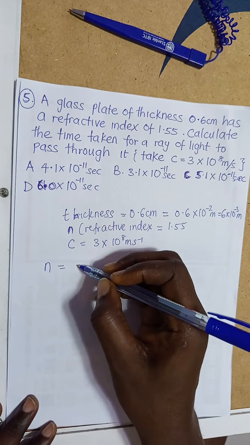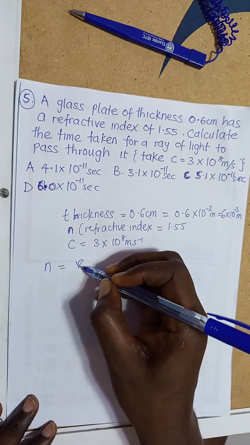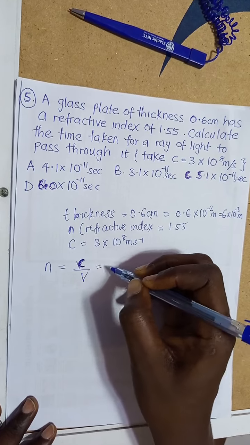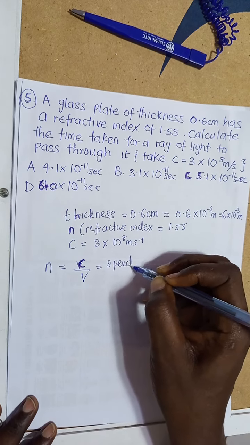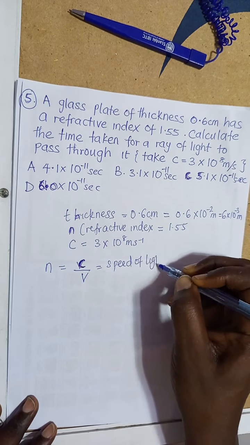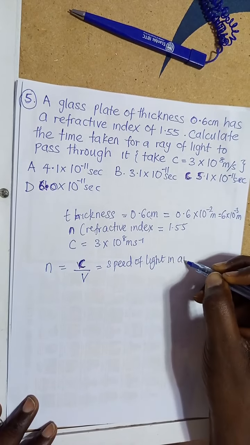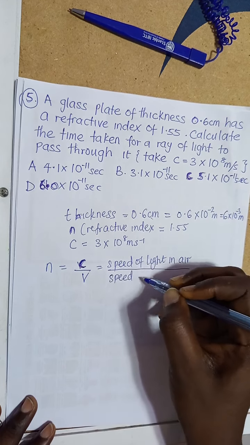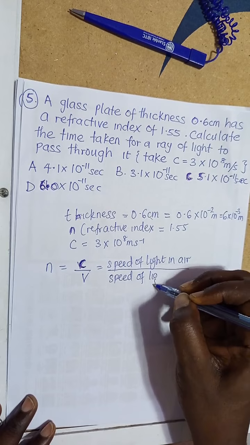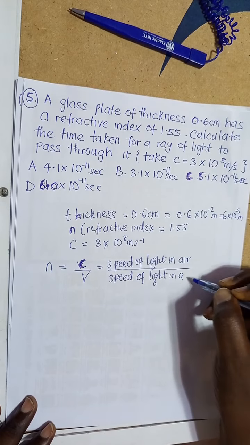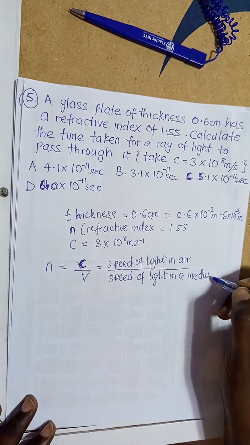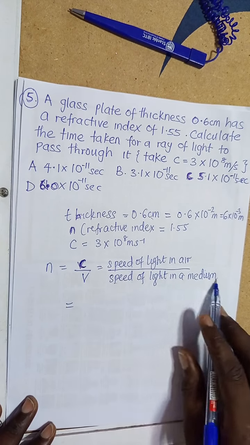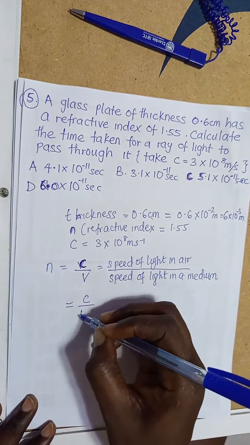Now, having gotten that, what you're going to do is to use our formula: n equal to C, the speed of light in air, over the speed of light in a medium. So the speed of light in the medium will now be what?